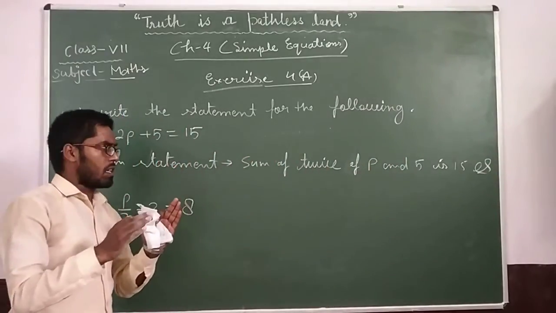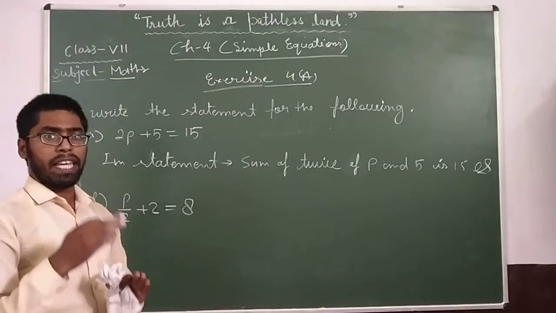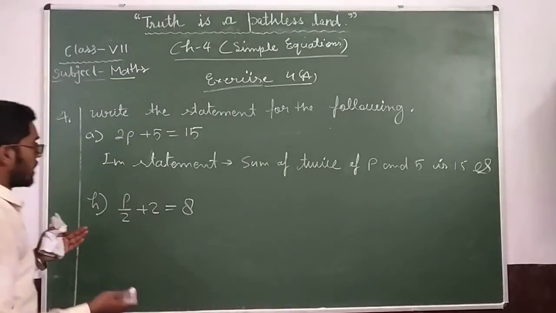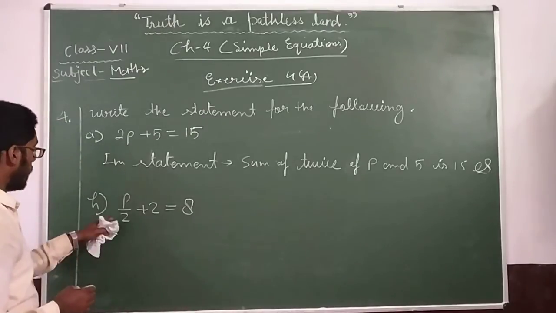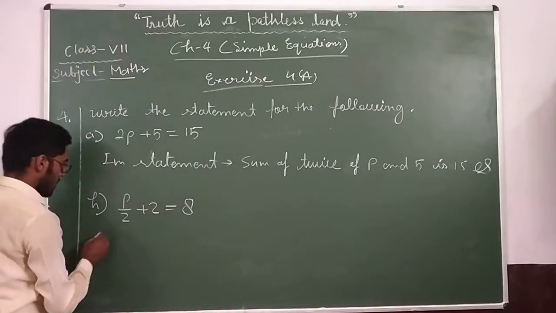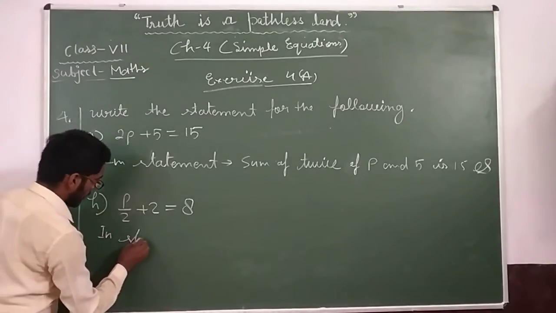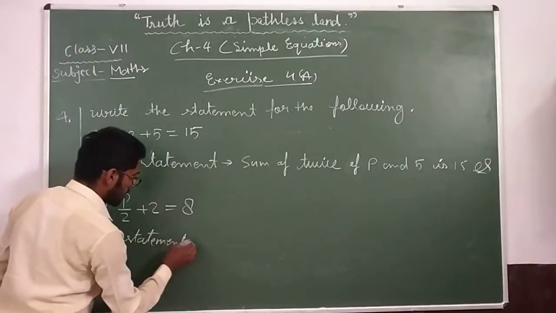So it depends upon you in which way you are thinking, in which way you are expressing your ideas. Okay. For the other mathematical expression, write it in a statement.